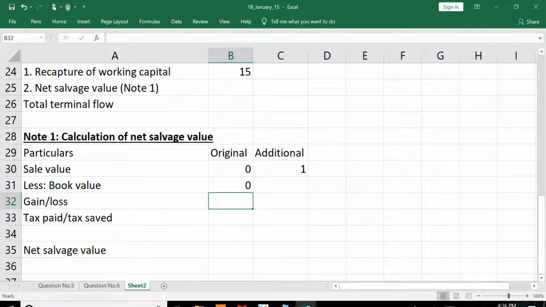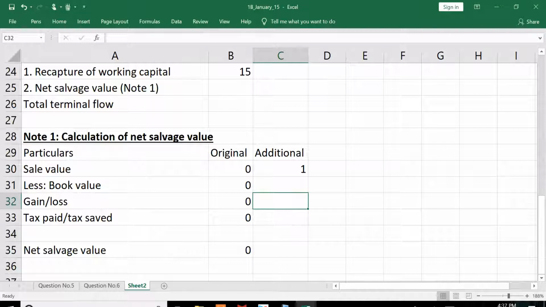Listen, salvage value being 0 does not mean net salvage value will not be there. Sometimes there will be a book value because of which there will be a loss and you will save tax. So in this case sale value is 0, book value is 0, gain is 0, tax paid or tax saved is 0, net salvage value is also 0. Wait, additional equipment we bought for 10 lakhs, we started charging depreciation from the third year.